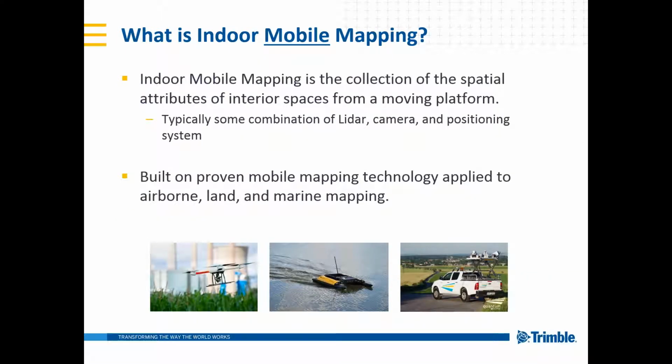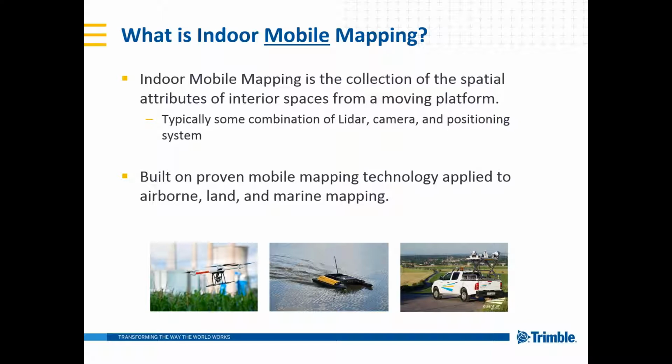So I'm going to talk about indoor mobile mapping, and mobile mapping is the collection of all this data from a moving platform. It's usually some combination of sensors, LiDAR, camera, maybe even ground penetrating radar, Wi-Fi detectors, cell phone signal detectors, and some positioning system. So in our case, we're going to talk a little bit about the positioning system later, and that's a key aspect.